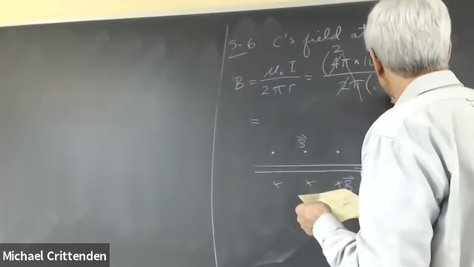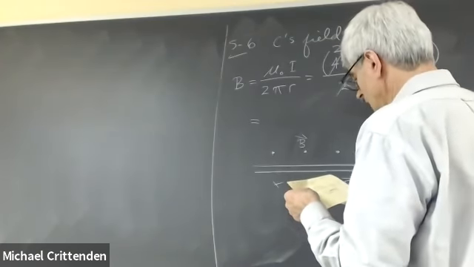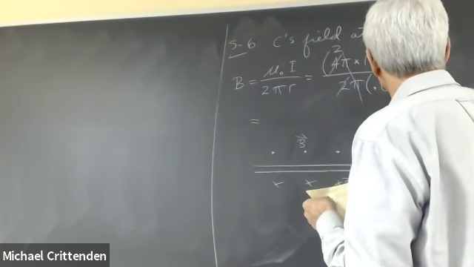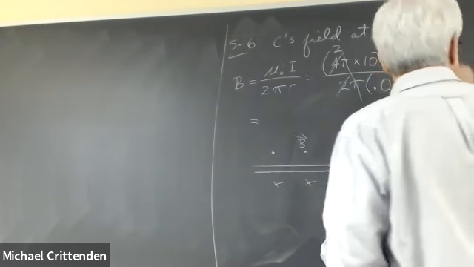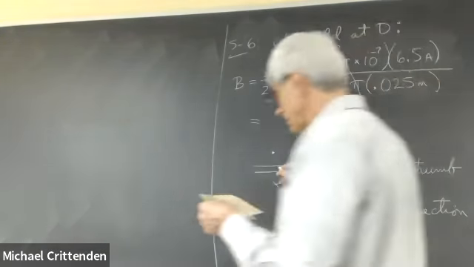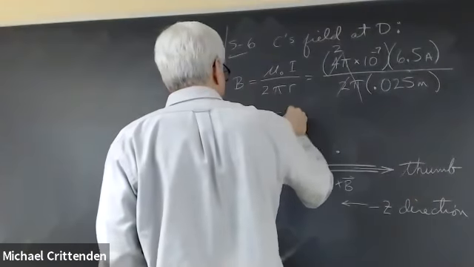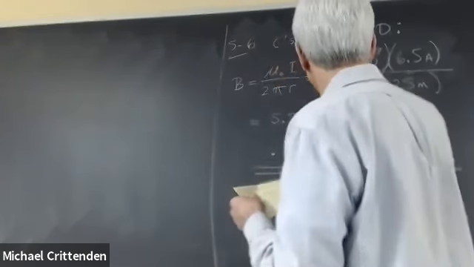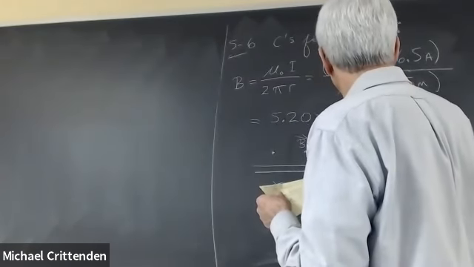And the distance this time is 0.025 of a meter, 2.5 centimeters from the wire to where the electron's located. So you punch up those numbers and it should come out 5.20 times 10 to the negative fifth of a Tesla.